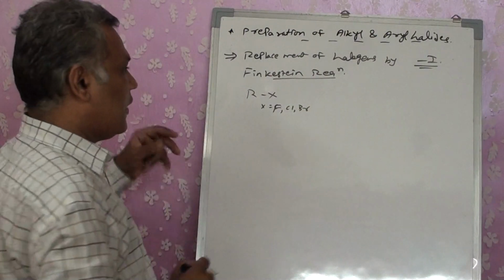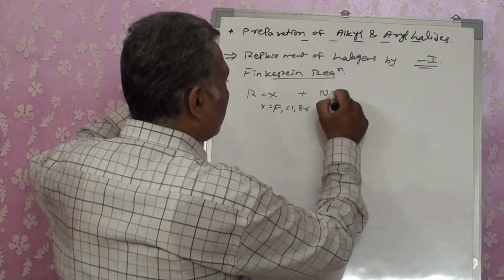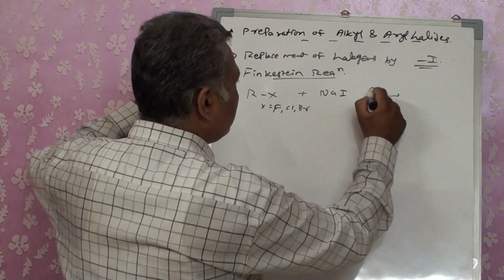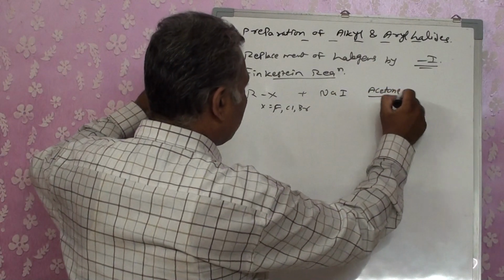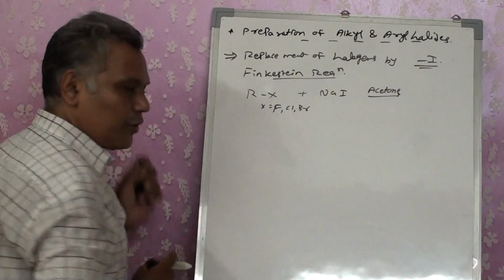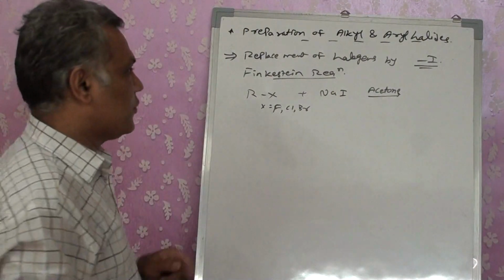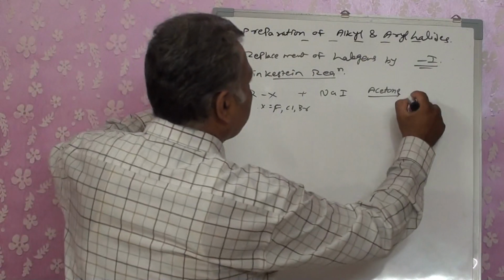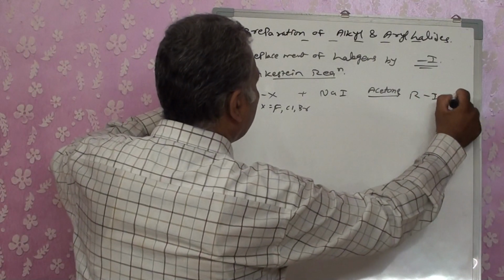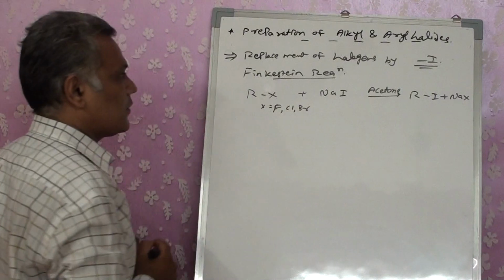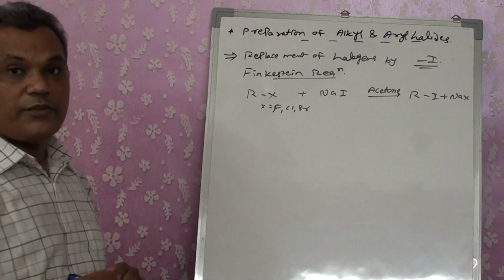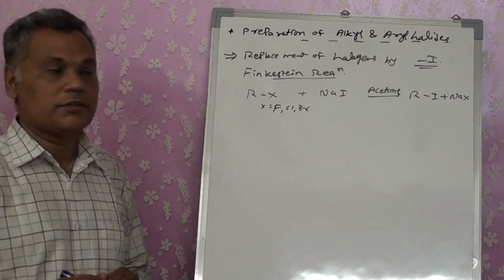You can have any of it, reacted with NaI in acetone. This is a specific solvent. NaI. We get RI plus NaX. That is specifically the Finkelstein reaction.